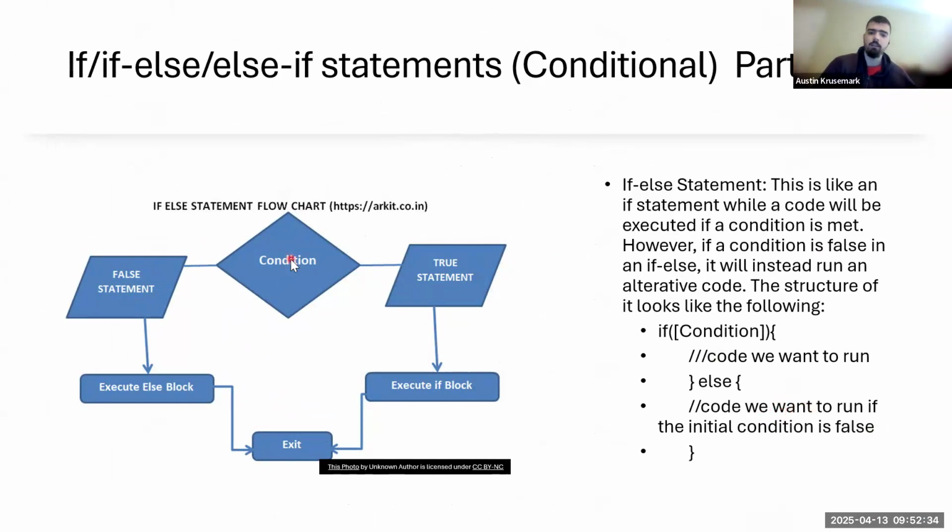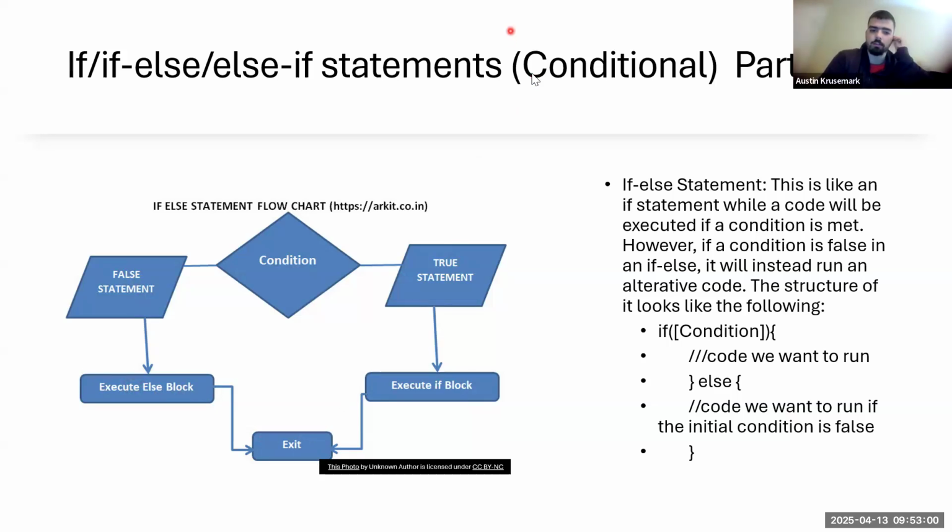I put in a flow chart to explain this better. We have the condition, and if it's true, it will execute the code in the if block. However, if it's false, it will instead execute the code in the else block. So either way, code will run regardless of the output.